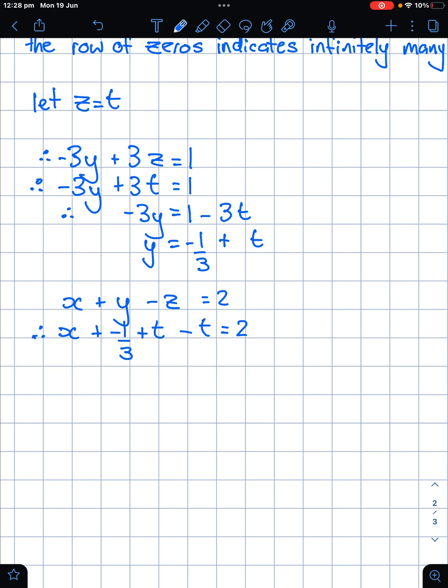And so the t's here will cancel. We add 1/3 to both sides, sorry, so we get 2 and 1/3, which is going to equal 7 over 3.